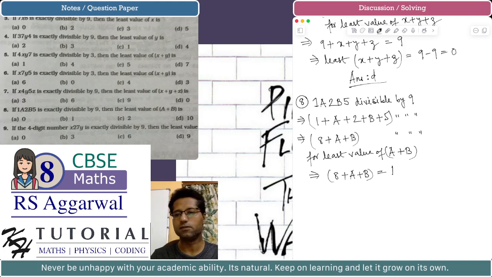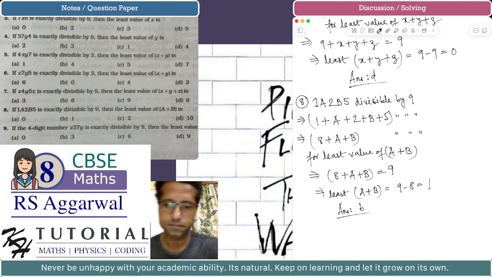So the least A plus B is equal to 9 minus 8 equals 1. So the correct choice is B. B is the correct choice.